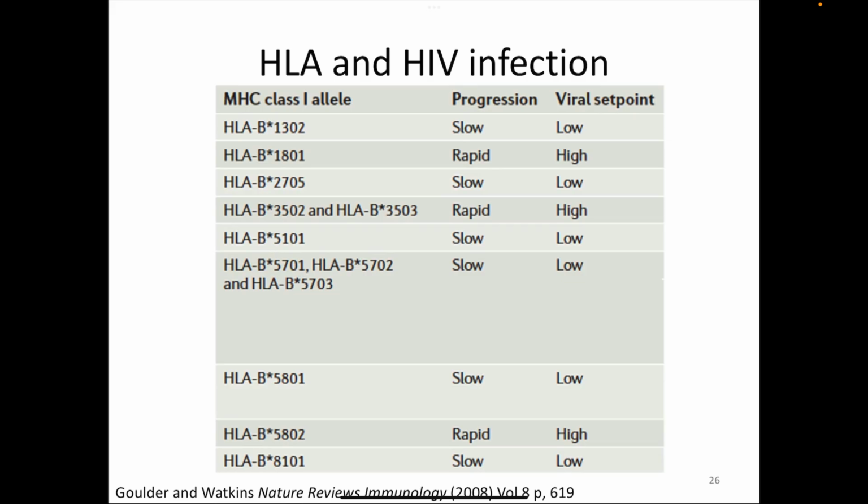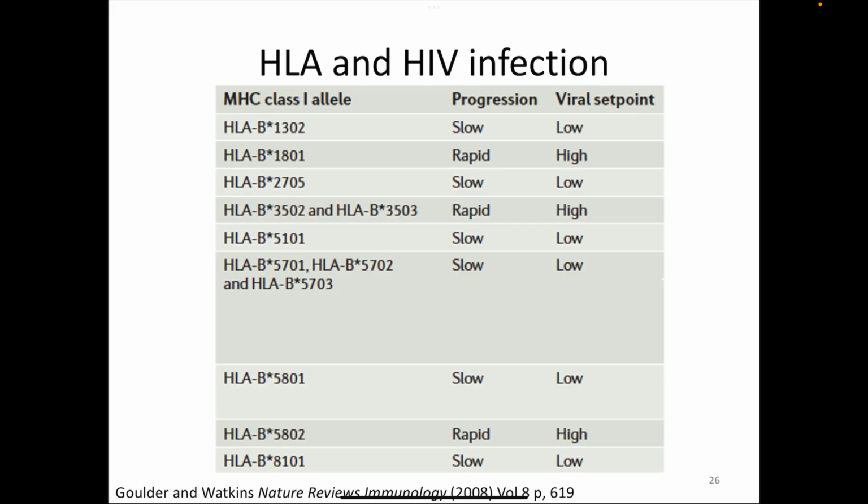And so you can see, for example, if a person has HLA-B58, they have a high amount of virus and they have sort of rapid disease. The idea is that that HLA type is bad for HIV. If you have HIV and you have that HLA type, you're going to have worse disease. If you have a different kind of HLA, for example, B27 is a particularly famous one, you're going to have really low amounts of virus and you're not going to get very sick.